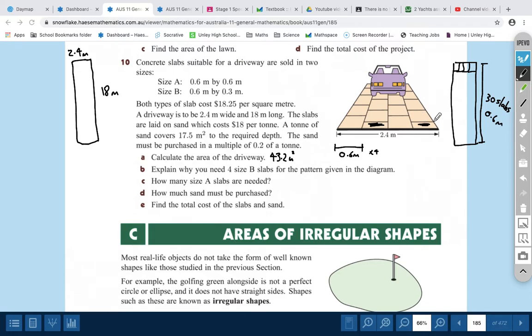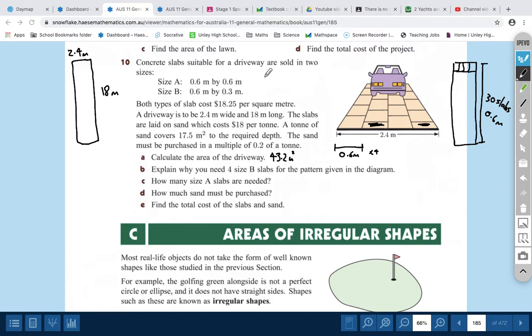But if you're going to use a size B slab, that's only 30 centimetres, right? So instead of having 30, you'd actually have 29 plus the two little ones. Two of the little ones makes the same length as one of the big ones.